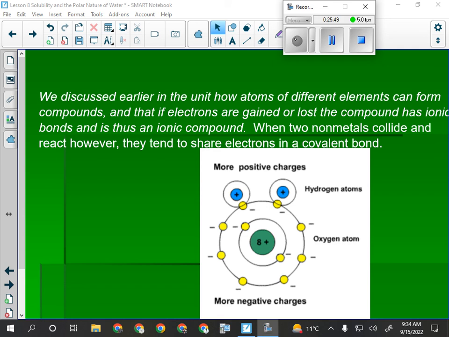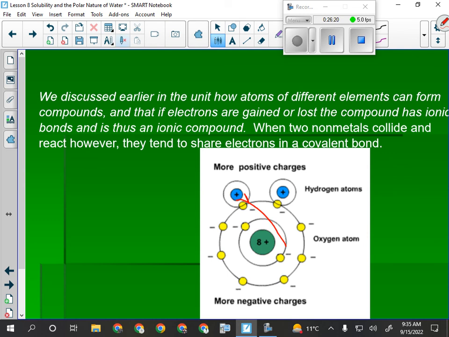So the electrons spend more time down here around the oxygen than around the hydrogen. Normally, a hydrogen atom would have its electron going around in this orbit. Once it gets into a molecule, making a water molecule with oxygen and another hydrogen, that orbit changes, and this electron starts doing this.